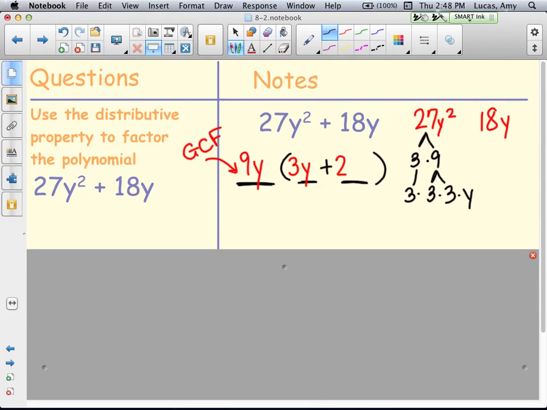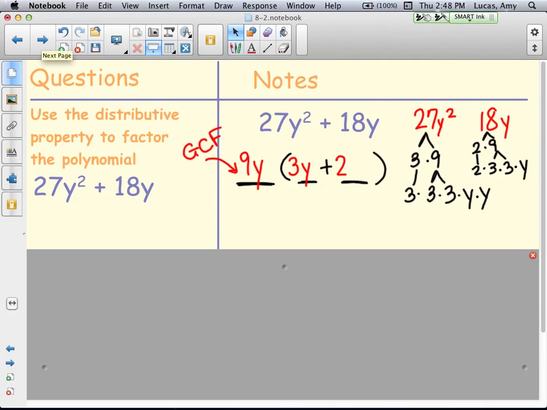So factored form would be 3 times 3 times 3 times y. 18 is 2 times 9, which is 2 times 3 times 3, and I've got a y here. So my GCF, what they have in common, they have 2 3's and a y.